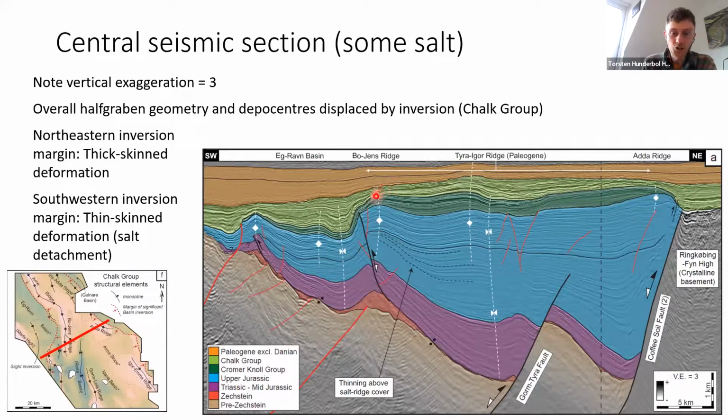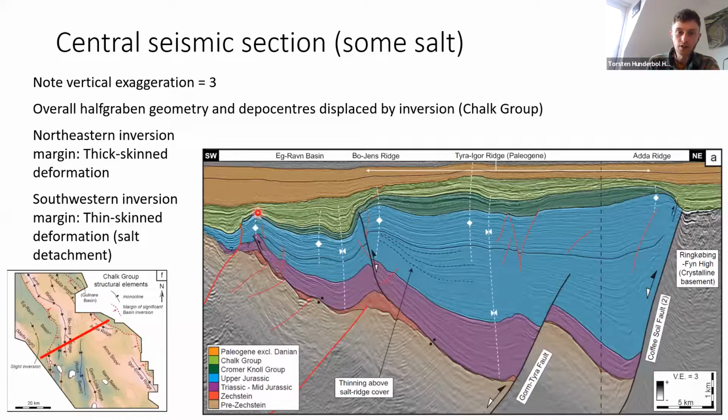Funny thing about these structures is that they make sense at first. You have quite a bit of folding, which makes sense. We have a lot of soft, easily deformable shales here. We have a reverse reactivated normal fault down here that, interestingly enough, soles out into the Permian salt.